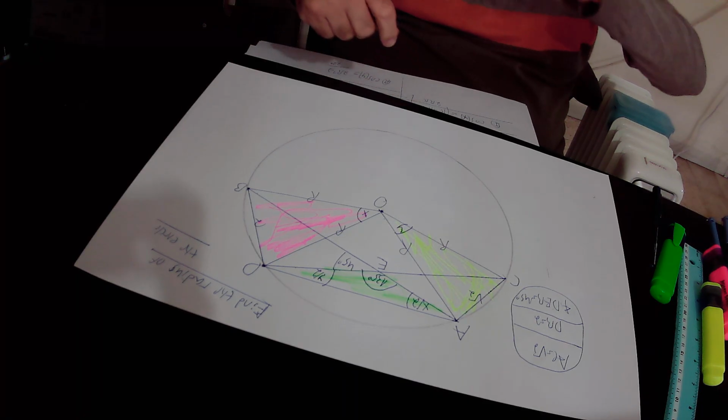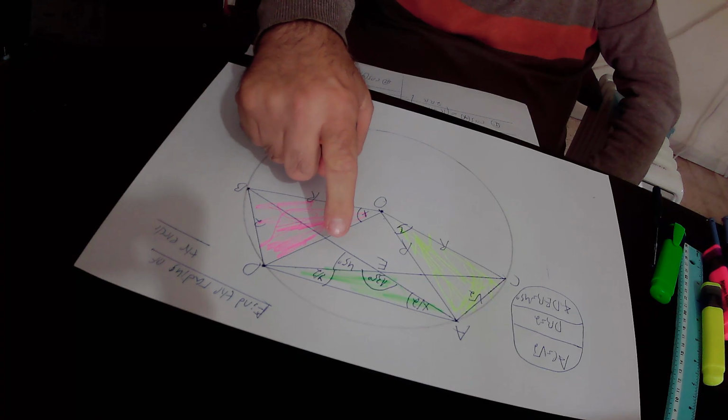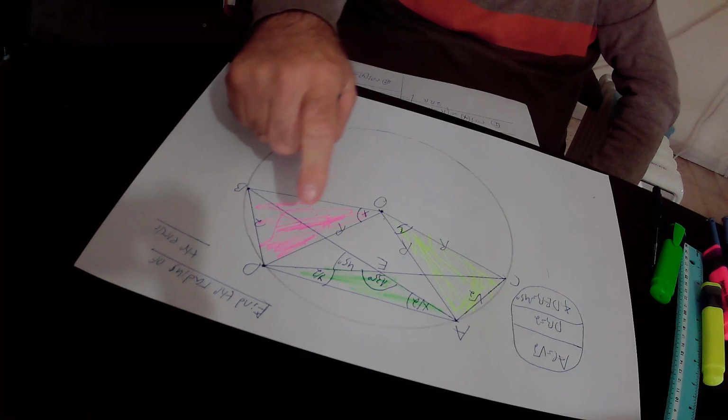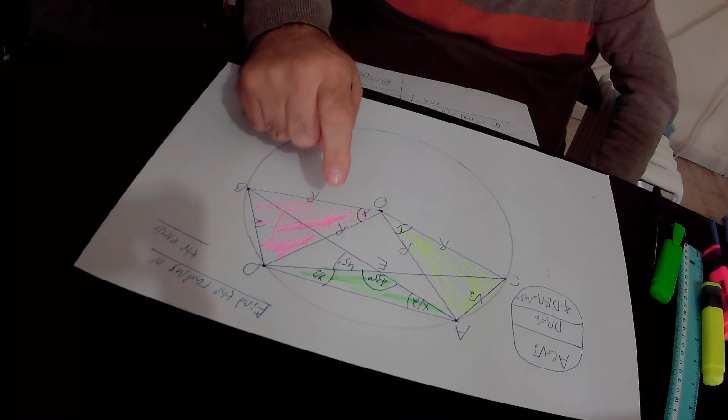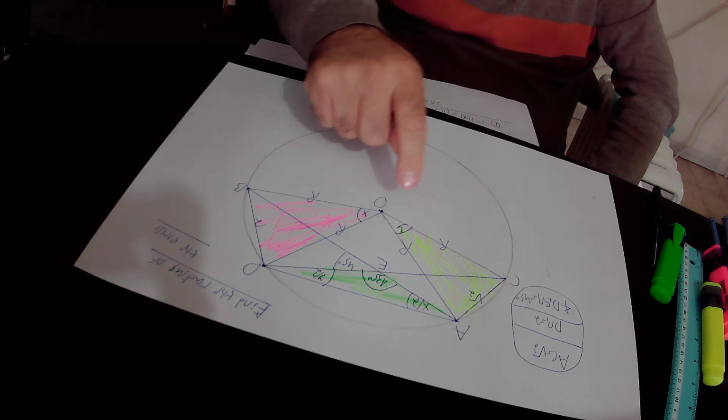Then we have the peripheral angle ADC that rests on chord AC, and it is equal to y over 2. Therefore, the central angle that rests on the same chord AC must be equal to y.